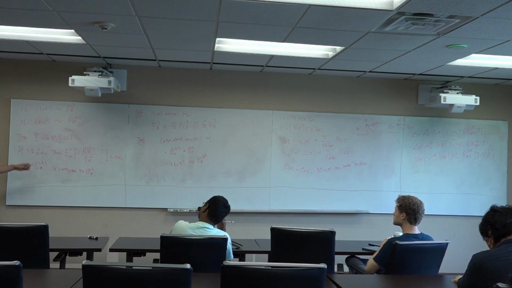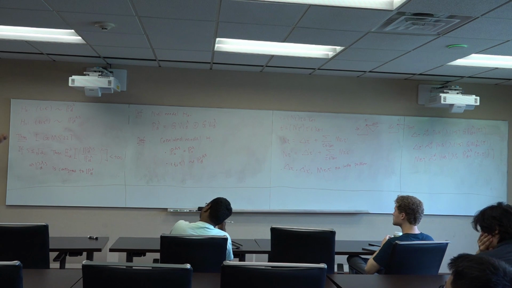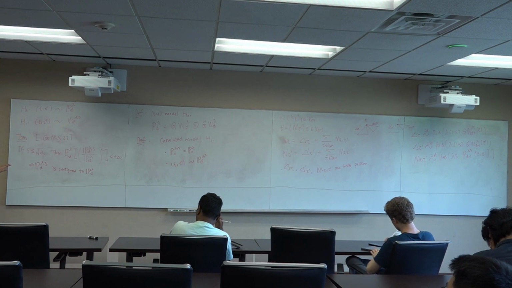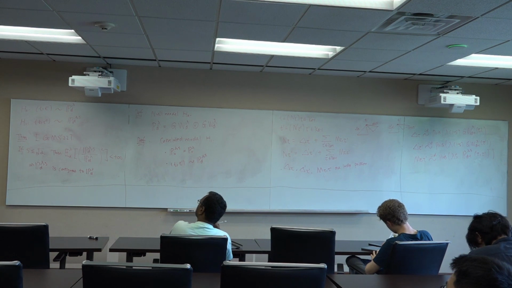So you will not be able to test them with vanishing error probability. And because of the connection of local algorithms to this testing problem, it further shows that local algorithms won't work when s is less than or equal to the square root of alpha.